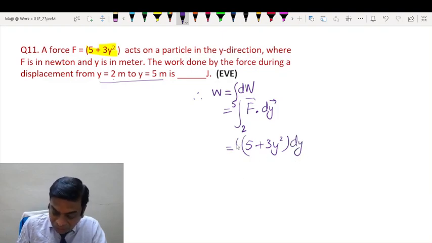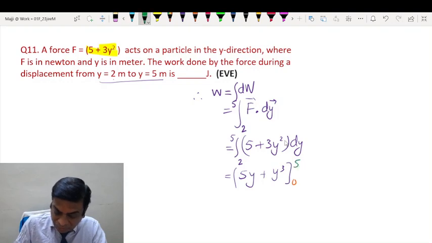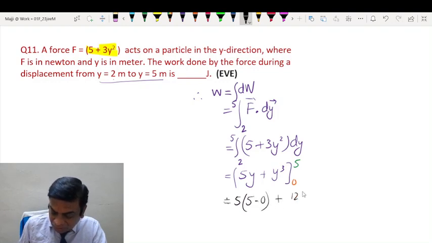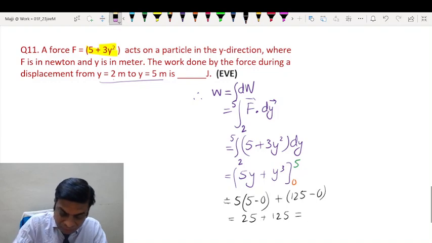Okay, integrated with limits 2 to 5. So we have 5 into y plus y cube, with limits 2 to 5. So therefore we have 5 into 5 minus 2, upper limit minus lower limit, plus 125 minus 8. Sorry, the lower limit is 2.